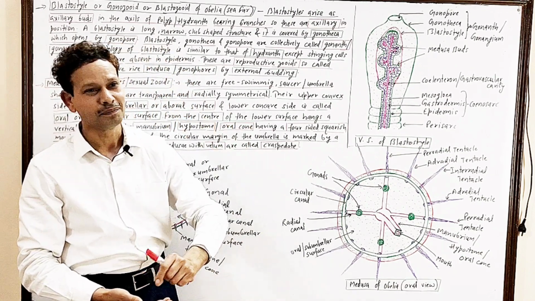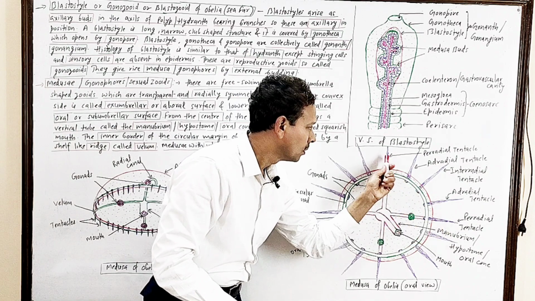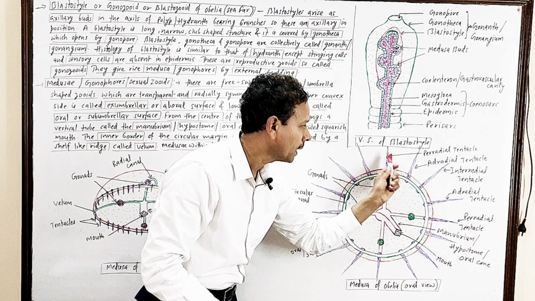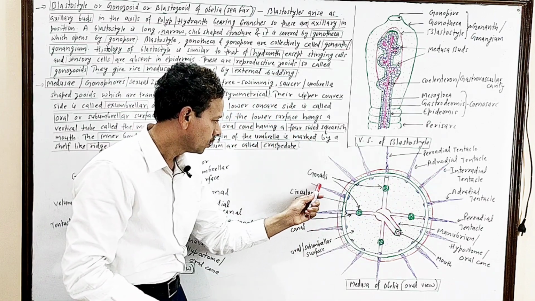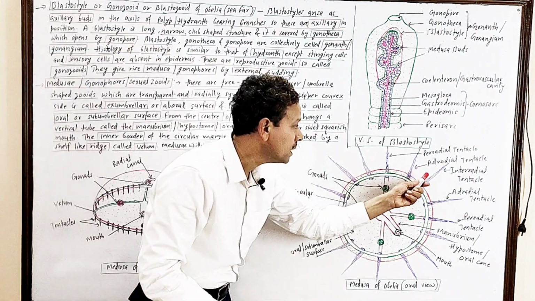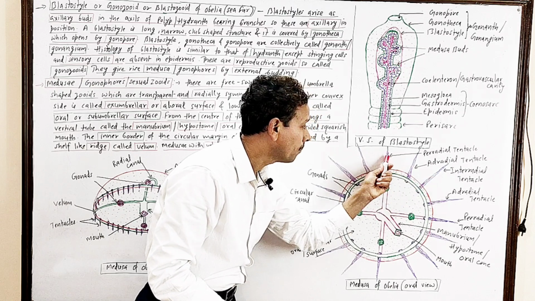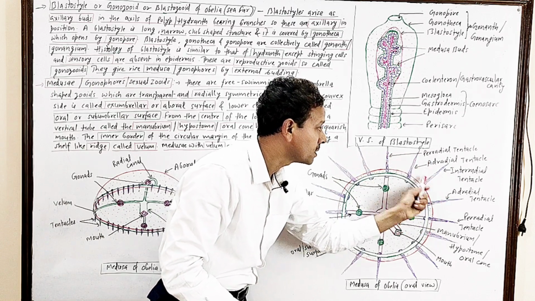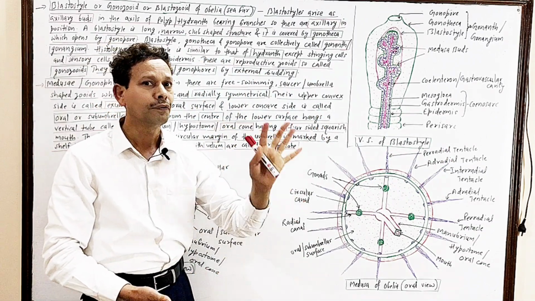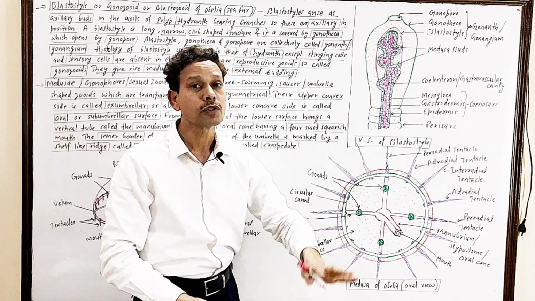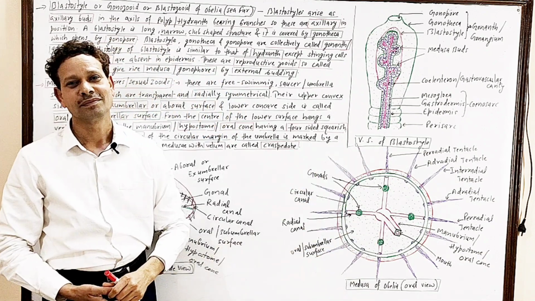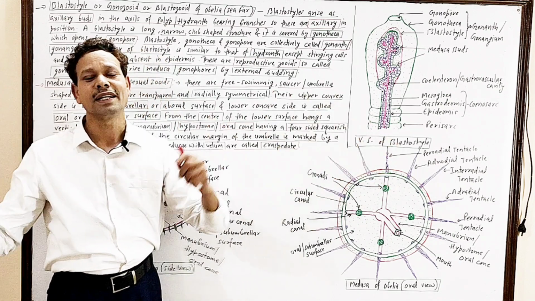Out of these 16, 4 are per-radial, and between these per-radial tentacles the 1, 2, 3, 4 are interradial, and between the inter and per-radial, these 8 tentacles are adradial tentacles. 4 per-radial tentacles, 4 interradial tentacles, and children, 8 adradial tentacles. As the medusa grows, the number of tentacles also increases.